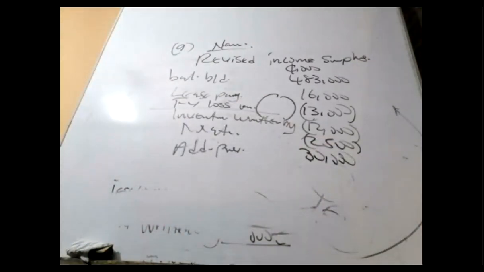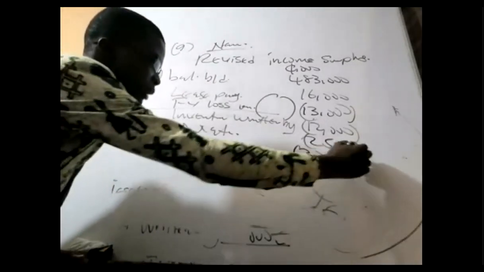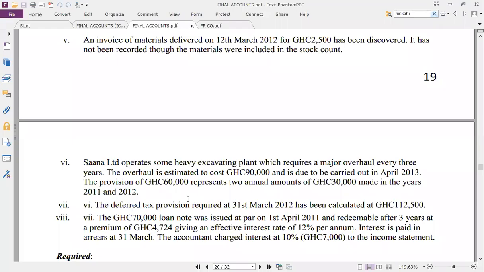Don't forget to add it to the 60,000 to get 90. In fact, we are subtracting because it's an expense. Movements in provisions are an expense. Good. Let's go to note 7. The deferred tax provision required as of 31st March 2012 has been calculated to what?